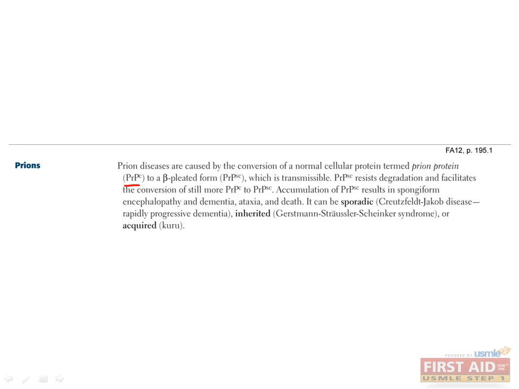The first cellular type contains approximately 40% alpha helix and only 3% beta pleated sheet and is termed PrP-C. The second pathogenic variation is known as PrP-Sc, which contains a higher proportion of beta pleated sheet and less alpha helix.